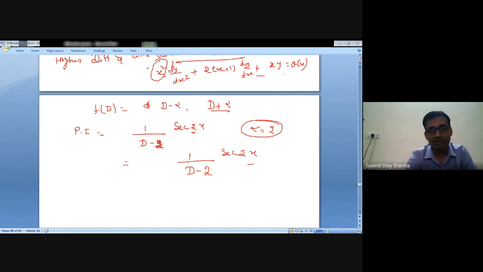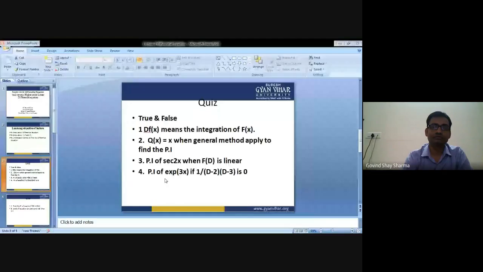This will be asked in the exam. Now, again for the quiz: PI of e to the power 3x.